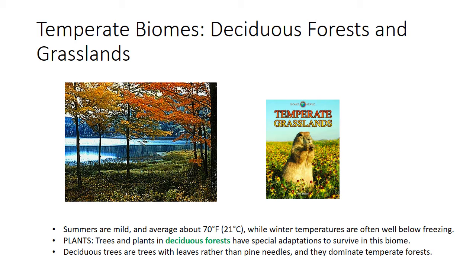So deciduous forests are forests where the leaves fall in autumn. Mild summers average about 70 Fahrenheit. That's not our case, definitely, right? So we are in an unusually warm part of the deciduous forest. Winter temperature is often below freezing. So just like in the taiga, there is quite a difference between the warm part of the year and the cold part of the year.